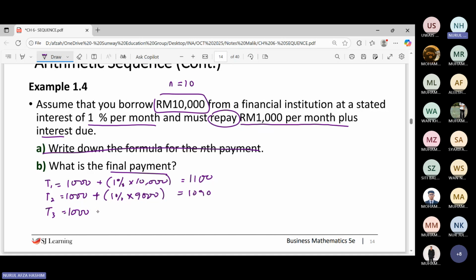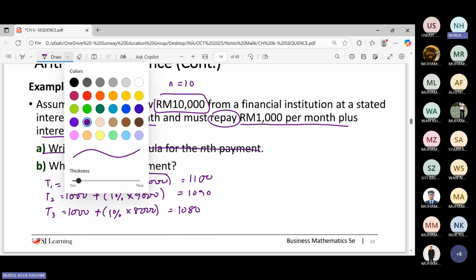And the third month, because you want to know the difference, right? So 1,000 here plus 1% from what? 8,000. So how much is it going to be? $1,080. Okay. So now you can see the difference here.